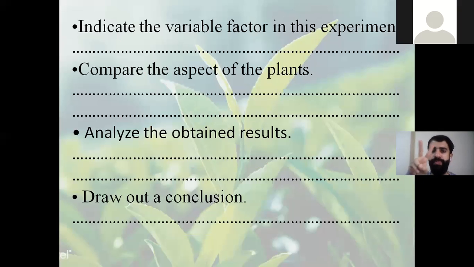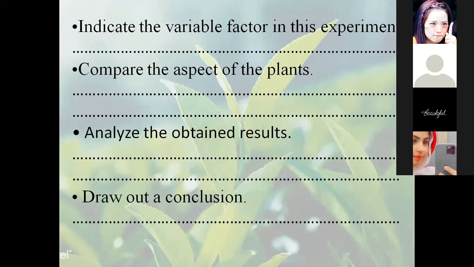Can you give me the names? Mineral salts, and for the second one, I need Laris. Water. Very good. So Fatima said mineral salts is the first one, and Laris said it's the water.